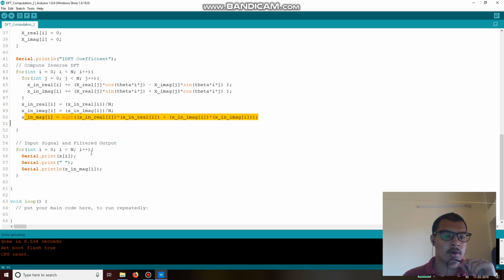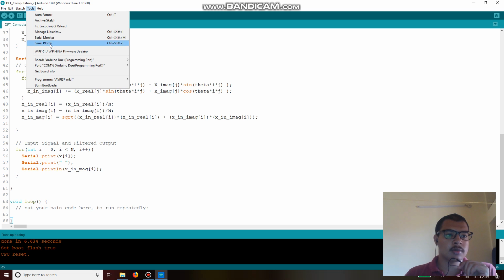Now we are ready to compare the input signal and the filtered signal. We would be leaving the void loop part as it is, meaning null, which basically means no loop would be running.